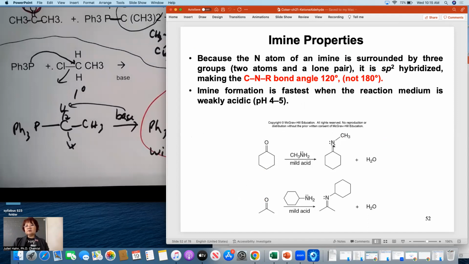But do note that this bond, they're drawing it like an angle, and the reason why they're drawing it like an angle is because the nitrogen actually is sp2 hybridized. So it's got the lone pair occupying one site, the double bond occupying one site, like in a VSEPR structure, and the alkyl group of the primary amine occupying one site. So it actually is bent like that.